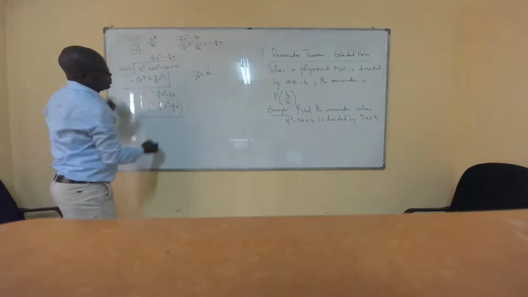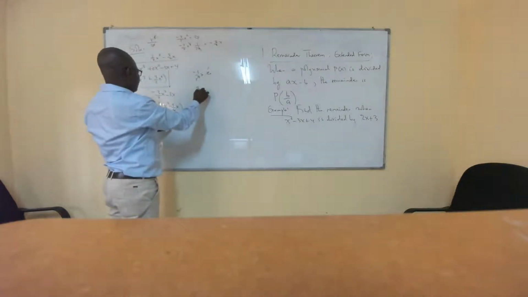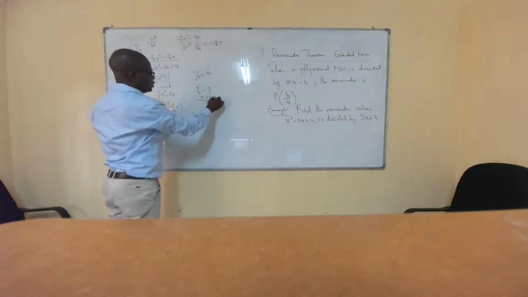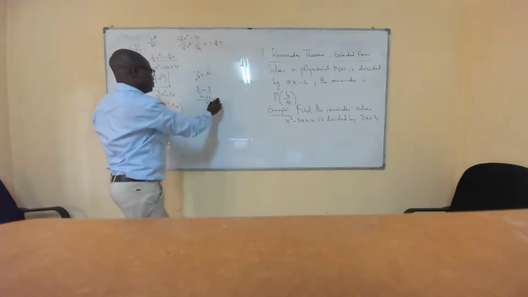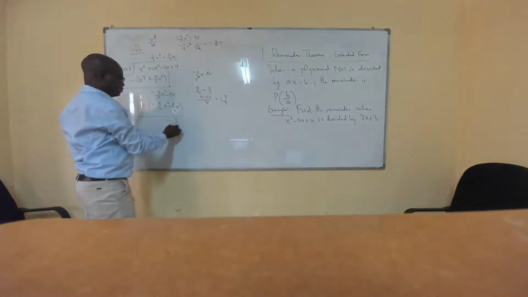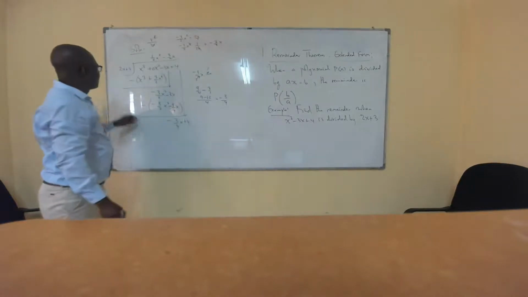Then subtracting, that will be 9 over 4 minus 3, that's 4, 9, 12, that's minus 3 over 4, minus 3 over 4x, bring down plus 4 here.